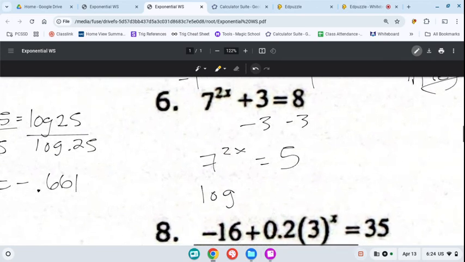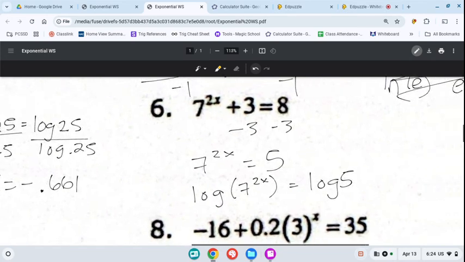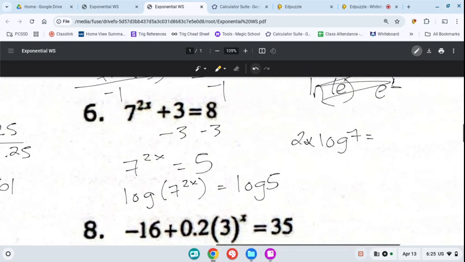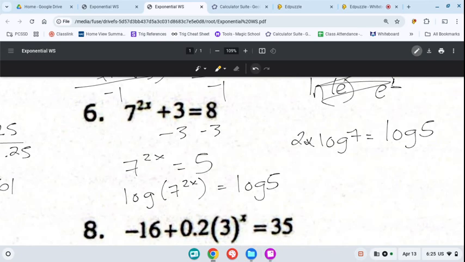So we're going to go: the log of 7 to the 2x power equals the log of 5. Well, we're going to rewrite that: 2x log of 7 equals the log of 5, due to our power rule. This is saying 2 times x times the log of 7.